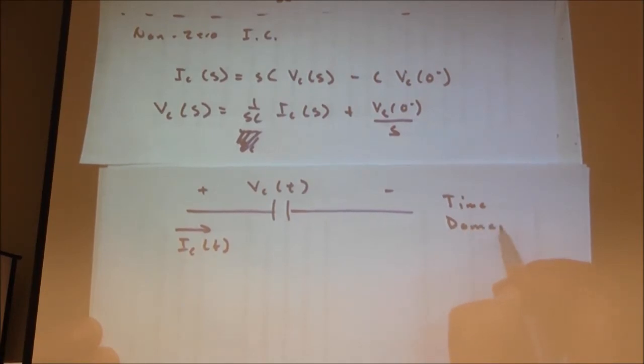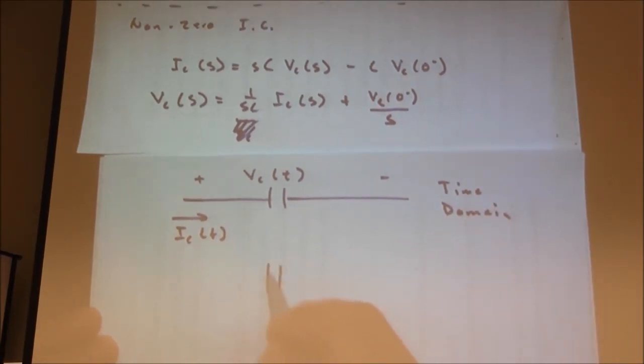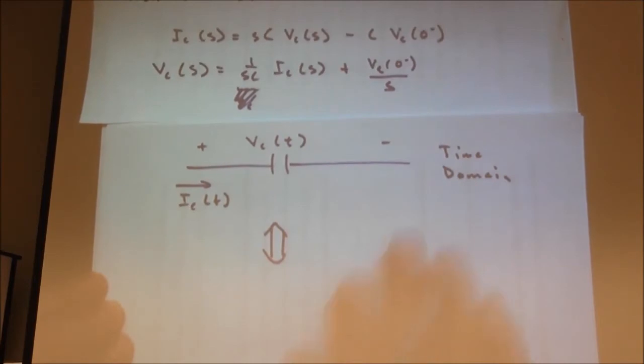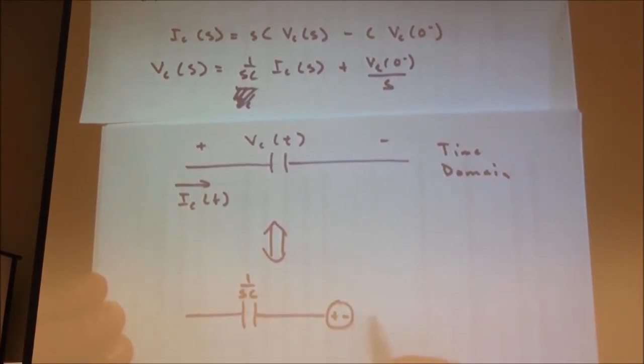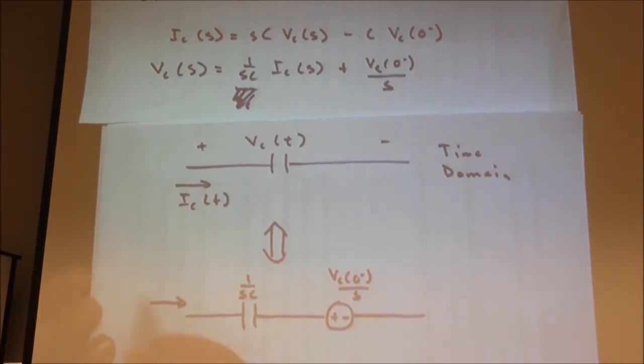And what is our equivalence then? In the S domain, we have a capacitor, 1 over SC, and we have an initial condition term, VC 0 minus over S. This is IC of S coming in.